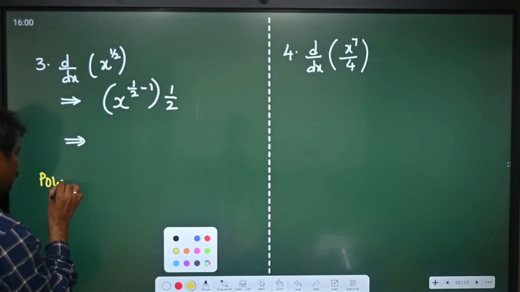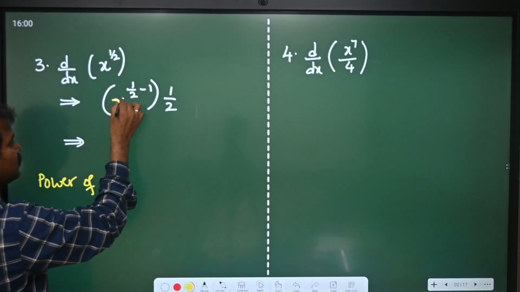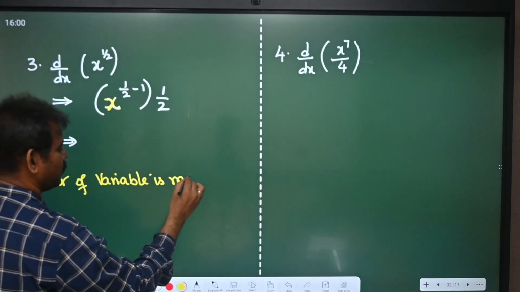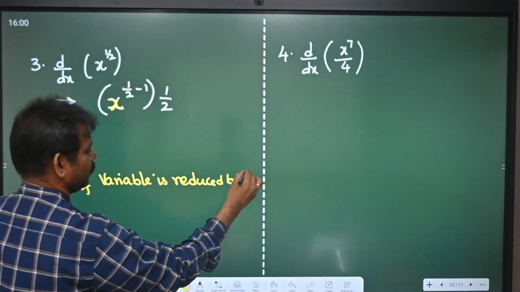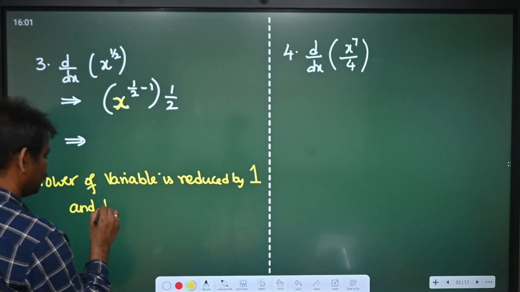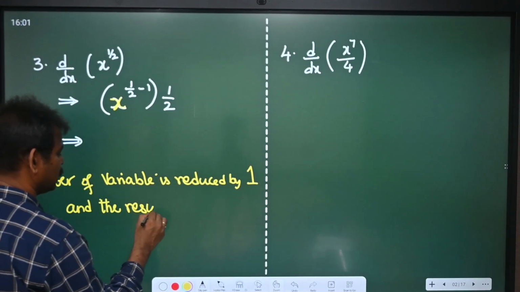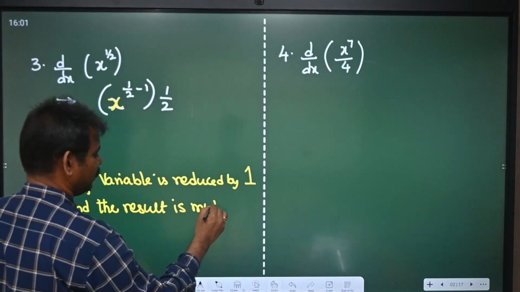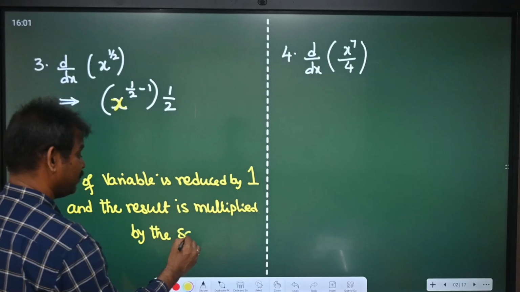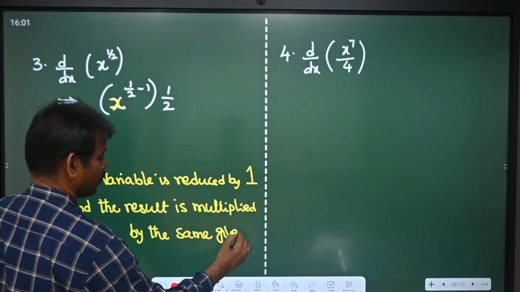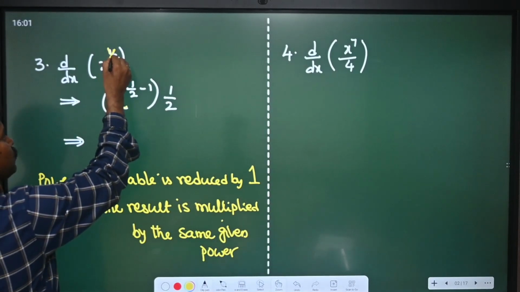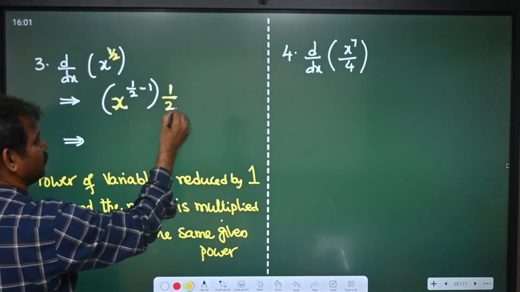Repeating: the power of the variable, here x is the variable, is reduced by 1 and the result is multiplied by the same given power in the question. In the question the given power is 1 by 2, so I am multiplying this with 1 by 2.